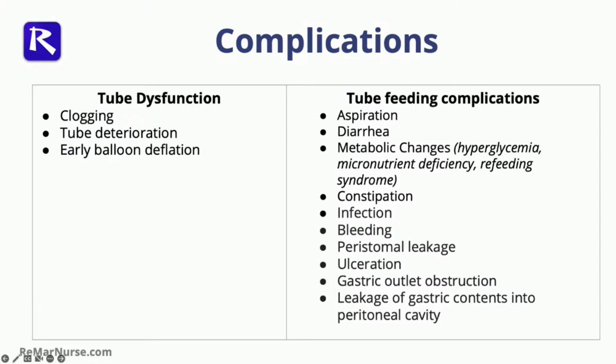So we simply have to be very aggressive that aspiration is not taking place in our patient. That means listening to lung sounds, changing our patient's position, putting them in the proper position during this time.